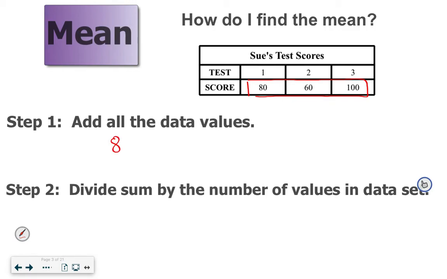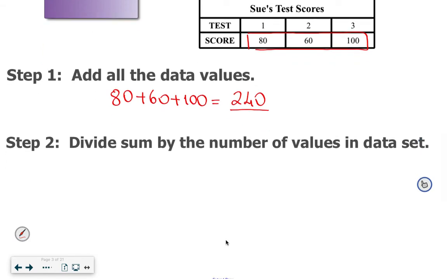Add all the data values: 80 plus 60 plus 100, which is equal to 240. Now, second step, divide the sum by the number of values in the data set. There are 3 data, so you need to divide the sum we found, 240, by the number of the data, which means 3. So the mean is 80.